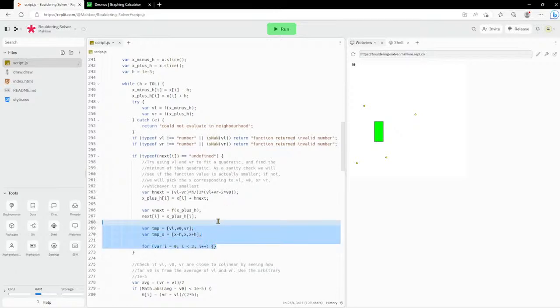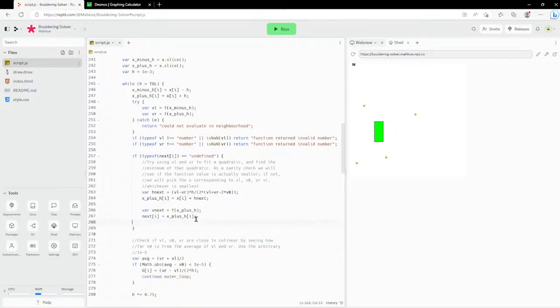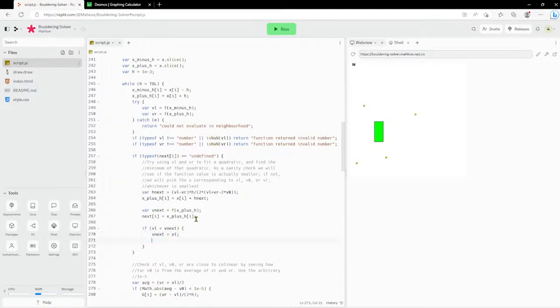Why bother doing that? If VL is less than V next, V next equals VL, next of I equals X minus H. Then we'll just do this for all three of them.